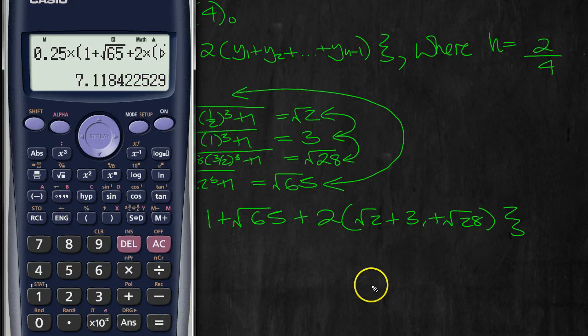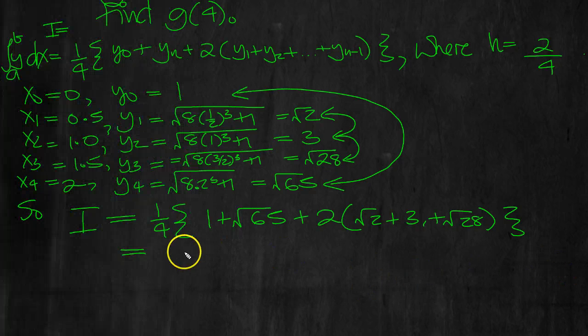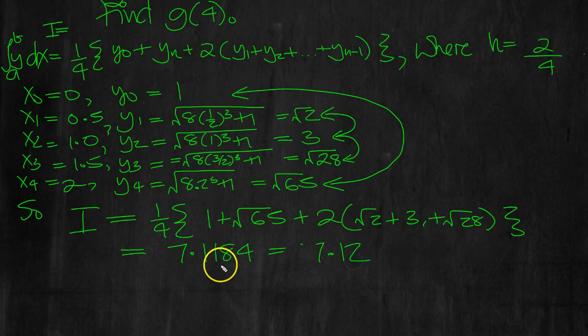Equals 7.1184, which equals 7.12, isn't it, to 3 significant figures. So that's part A done.